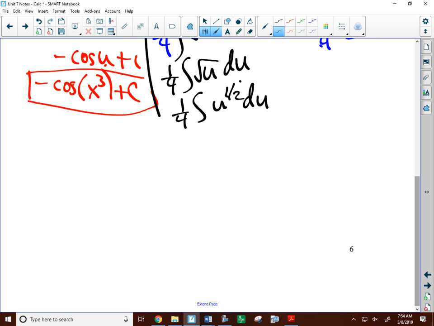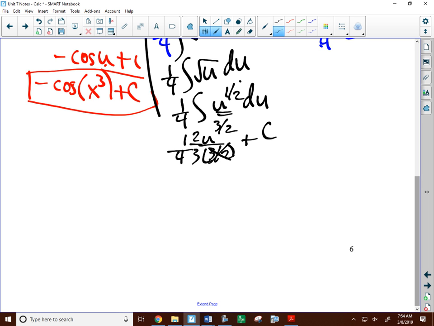Okay, now I'm going to need an antiderivative. So I'm going to bring the 1/4 down, and I'm going to do the antiderivative of u to the 1/2, which is u to the 3/2 over 3/2 plus C. Instead of dividing by 3/2, I'm going to change it to multiplying by 2/3.